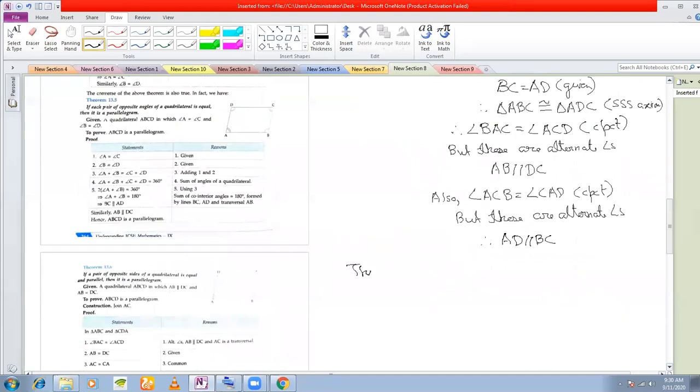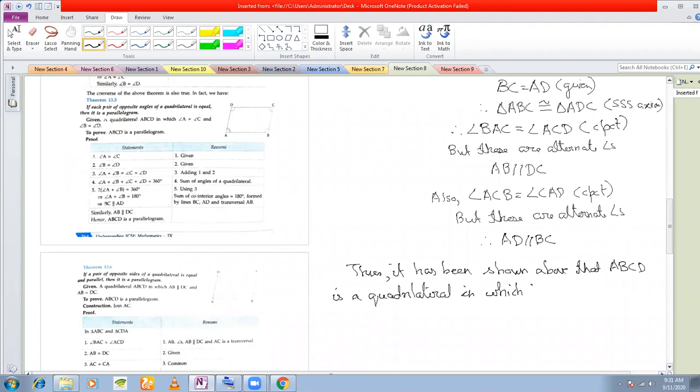Thus, it has been shown above that ABCD is a quadrilateral in which the opposite sides are parallel.